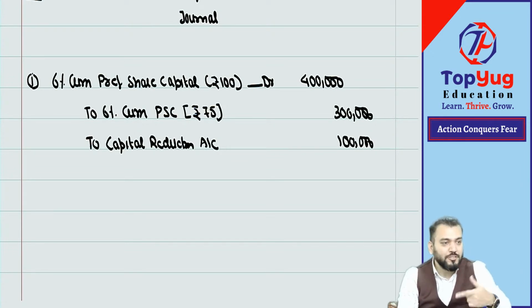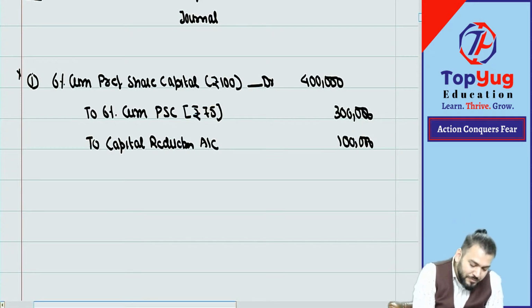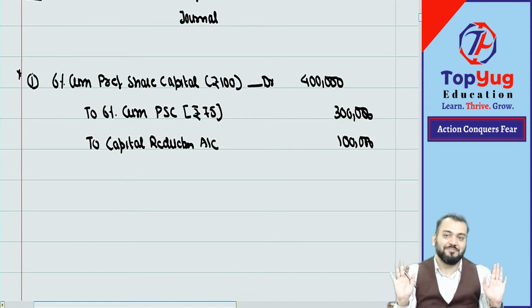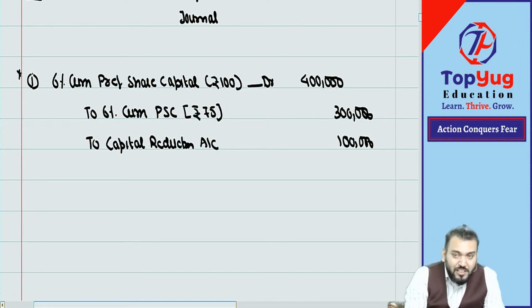Right now, those who are new, they have understood the journal entry, but you have not understood the concept. So what should you do? You should give a star mark, but don't panic, because all are same. Don't panic, because you have understood the journal entry.